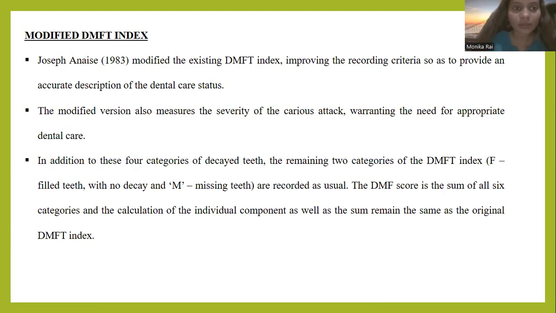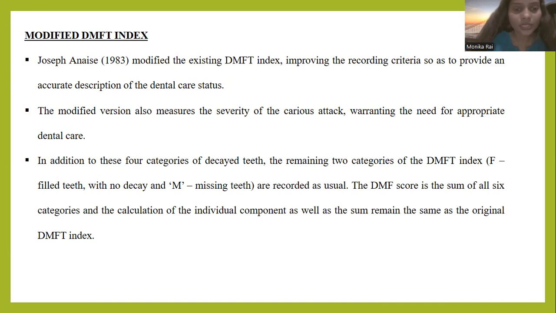Now modified DMFT index. So modified DMFT index is given by Joseph Ennis in the year 1983, and it modified the existing DMFT index, improving the recording criteria so as to provide an accurate description of the dental care status. The modified version also measured the severity of caries attack, warranting the need for appropriate dental care.